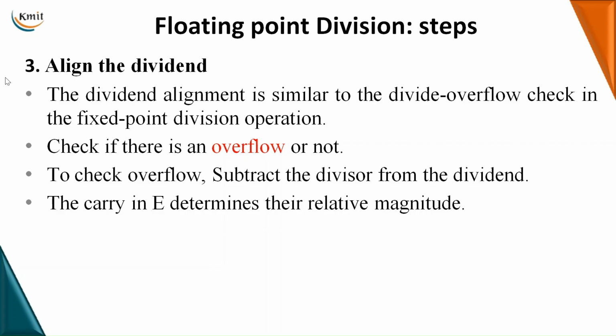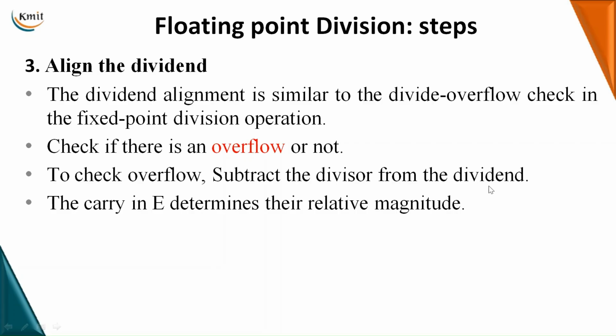If the dividend is greater than or equal to the divisor, then there is an overflow situation in the division algorithm. So to determine whether there is an overflow, we just subtract the divisor from the dividend.